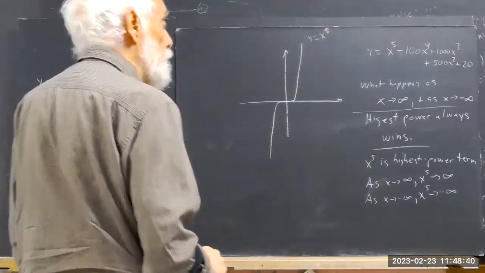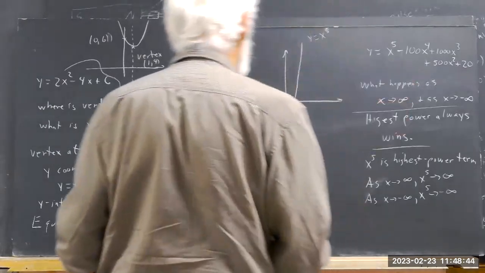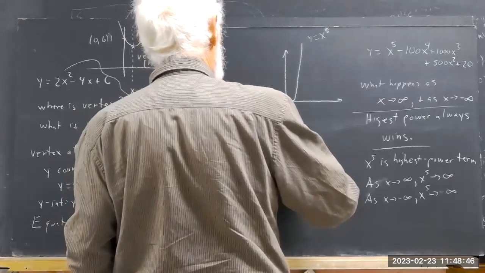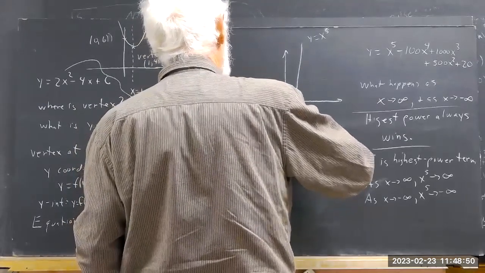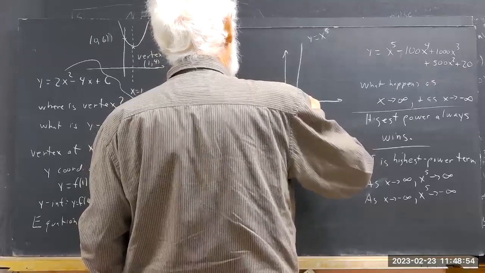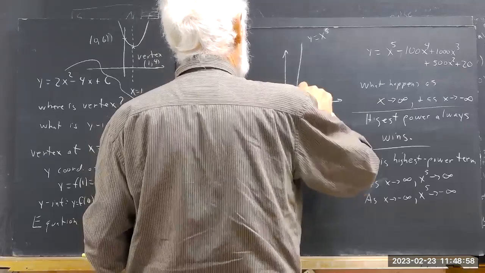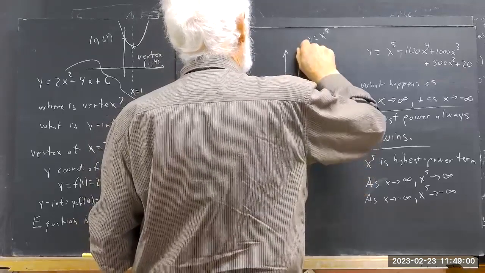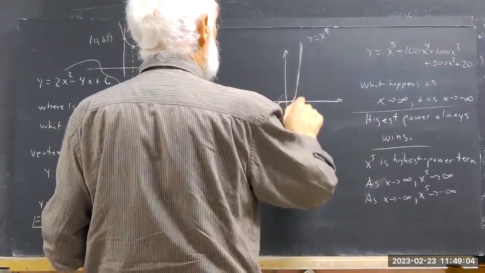The graph of this polynomial is going to be practically identical to the graph of x to the 5th until you get in close to 0. Up close to 0 depends on the scale of this graph. It's somewhere in the middle here.